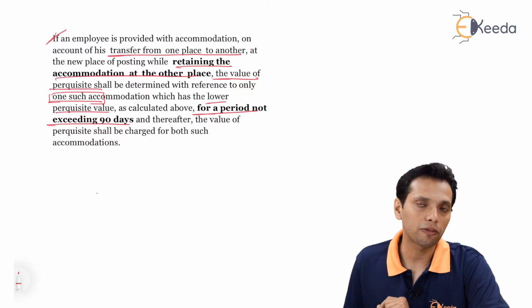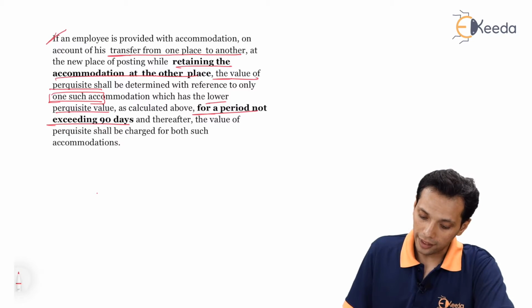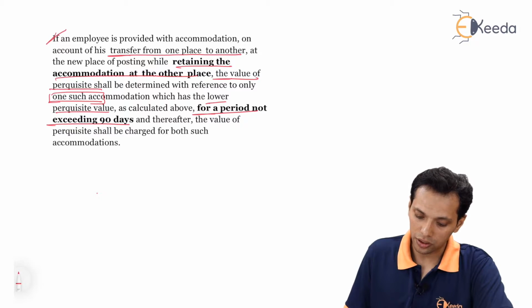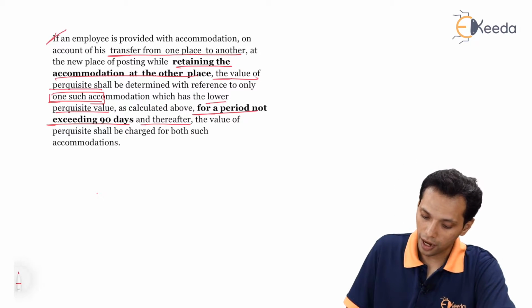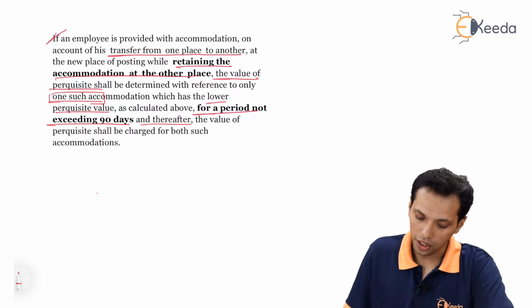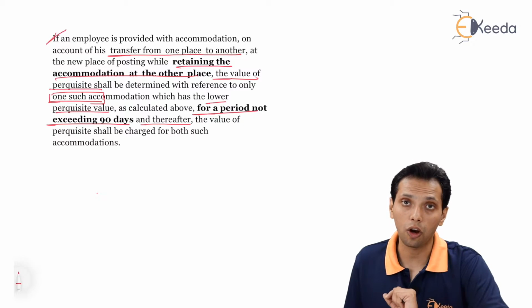So for a period of 90 days, the perquisite value of the accommodation which is lower only will be considered, and thereafter, means after 90 days, the value of the perquisite shall be charged for both such accommodations.